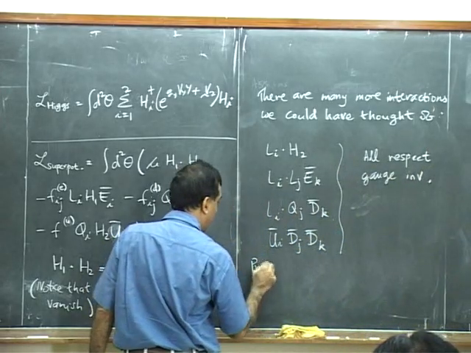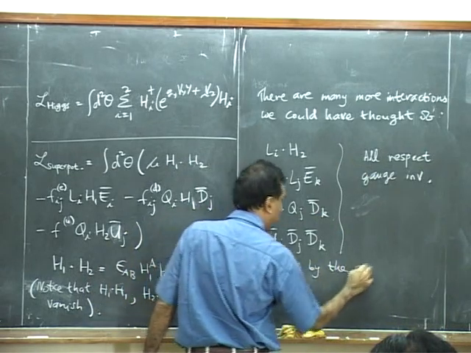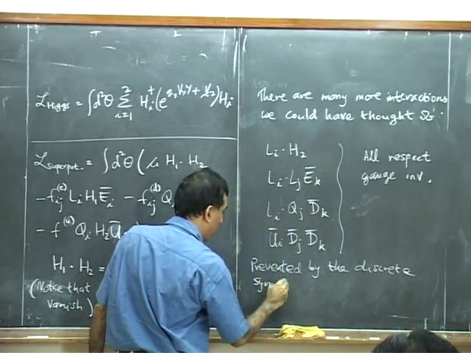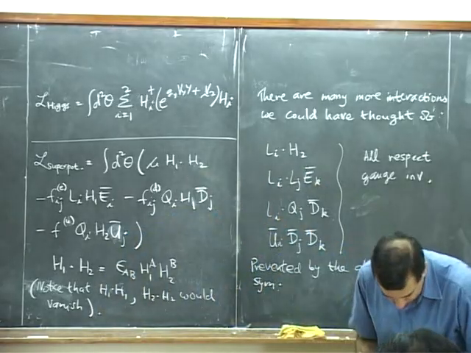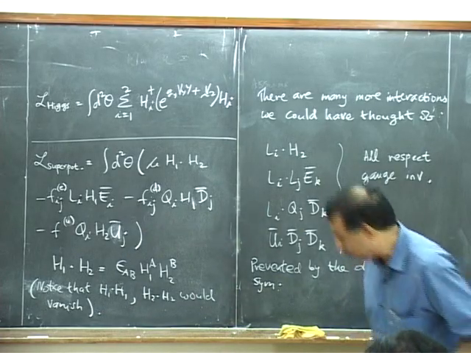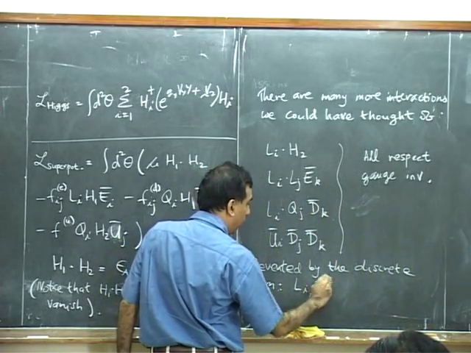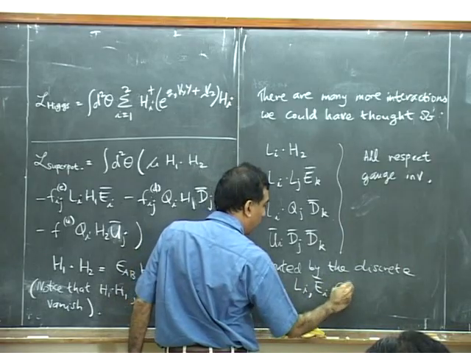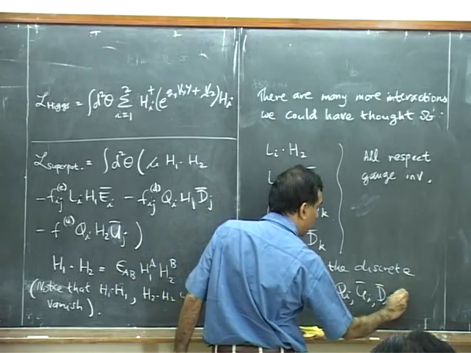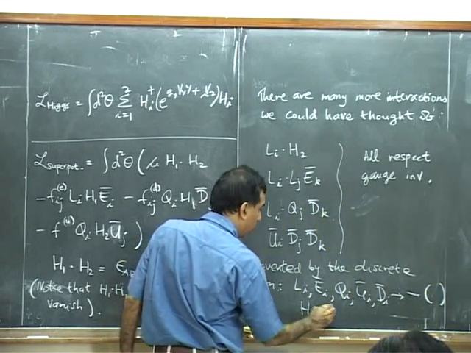They are all prevented by the discrete symmetry under which the L's, the E bars, the Q's, the U bars and the D bars, that is all lepton and quark superfields, go to minus themselves, but the Higgs superfield goes to plus itself.